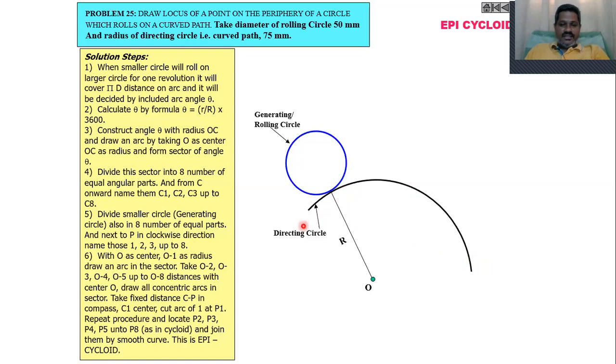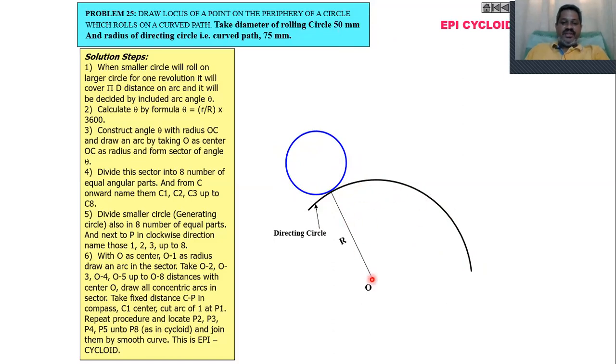Now draw a circle, the directing circle, with a given radius on which the generating circle is going to roll. Then draw a generating circle with a given radius. In this case, the diameter is 50 with 25 mm radius. Draw a circle on the directing circle which is tangent to the directing circle.